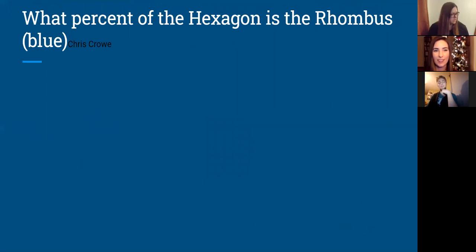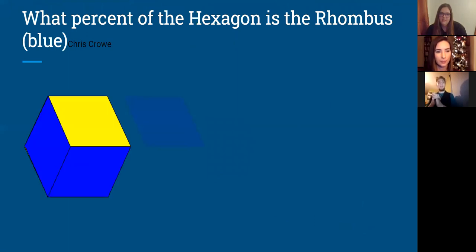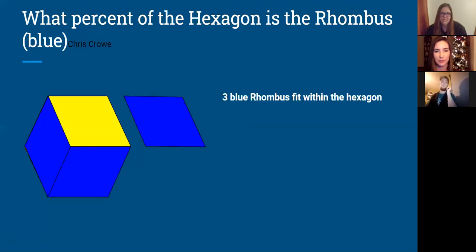Chris, what percent of the hexagon will the blue rhombus be? That's pretty much the simplest question that can be asked once we've gotten the explanations from my 2 previous partners. The blue rhombus fits into the hexagon in 3 equal-sized rhombuses.